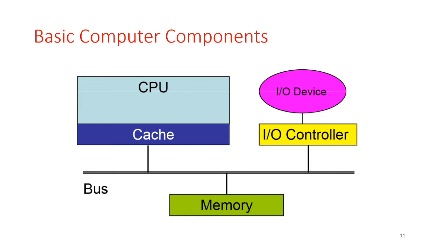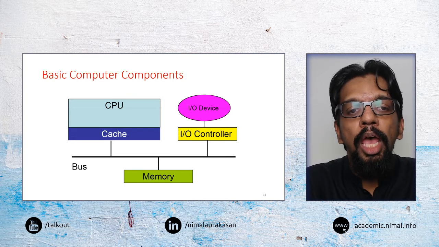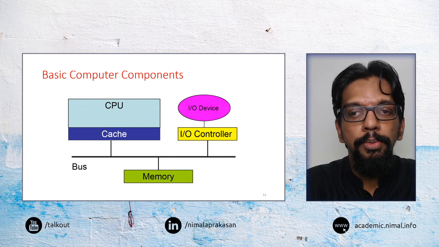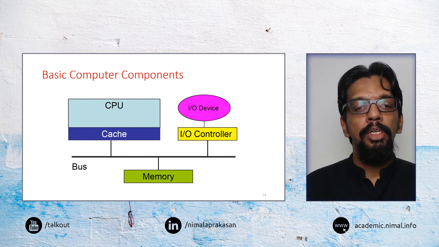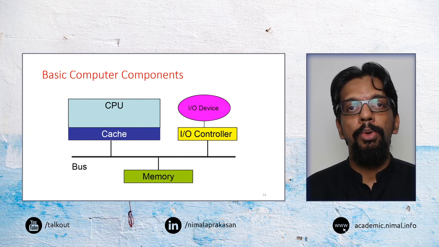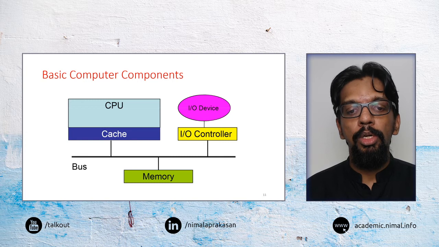This diagram shows a very basic structure of a general computer that you may be very familiar with. What we have is a CPU, or central processing unit, or the processor. We have some cache memory that may be there with the CPU. We may have input output devices, which may be connected through some input output controllers.